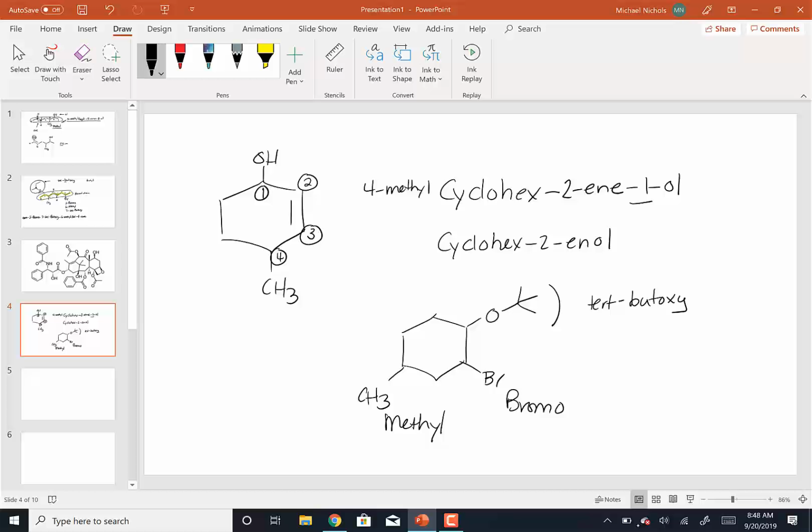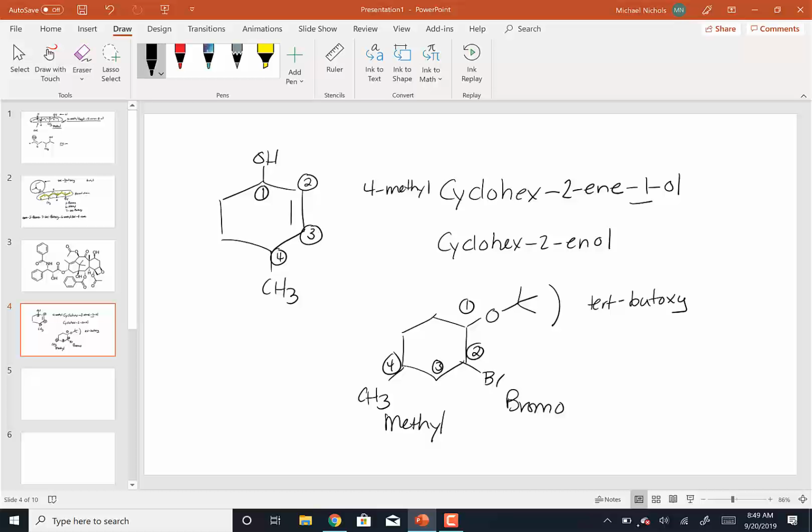What do you want to start numbering at? What group? I want the lowest total sum of substituent numbers. Tert-butoxy number 1, clockwise, counterclockwise. So bromine 2, and methyl 4. That gives me a total sum of 1 plus 2 plus 4, which is 7. Can you beat 7?